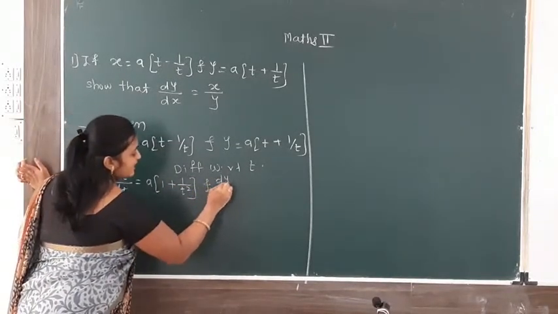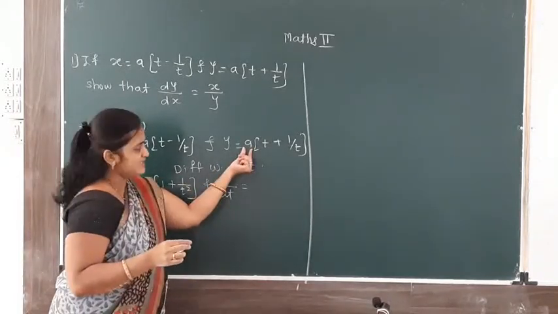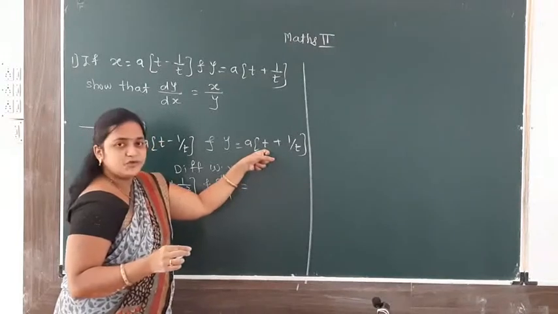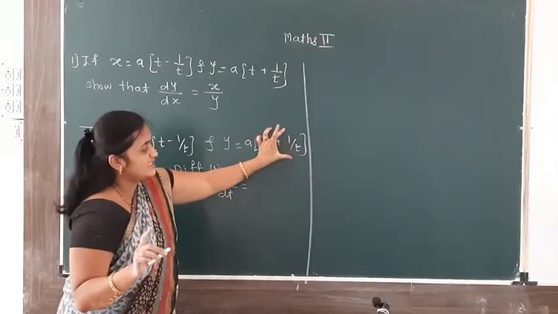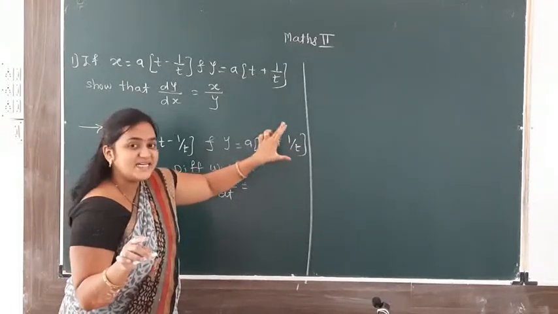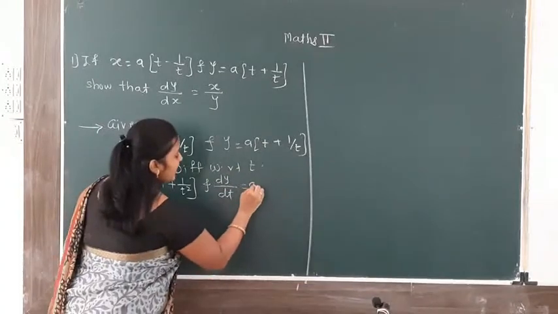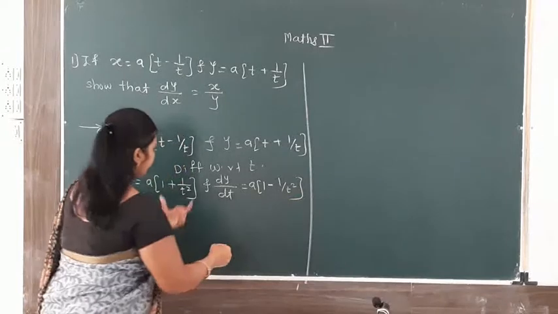And dy/dt is equal to, again a is a constant, take it as it is. Now again the derivative of t with respect to t is 1 plus the derivative of 1/t, again a standard form, which is -1/t². So a is as it is, (1 - 1/t²). Now simplify here.